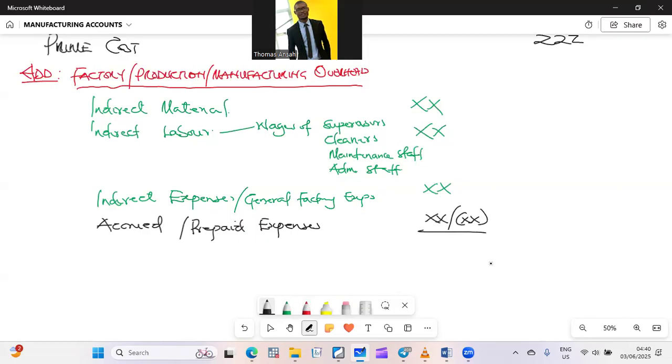So all this put together will give you your factory overheads. So this is your total overheads. Now, when you add the overheads to the prime cost, what do we say you get? Good. You remember, right? Production cost.